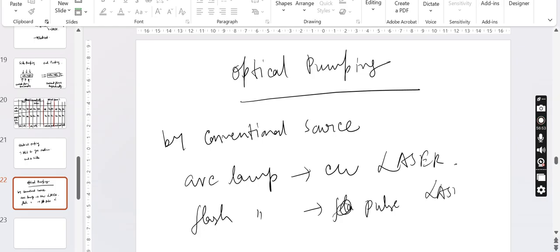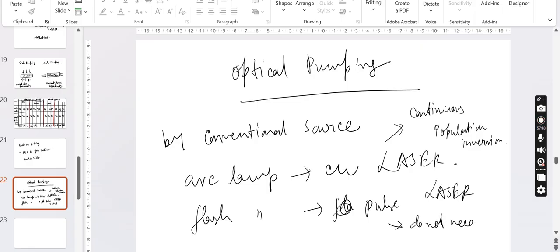So that is intuitive, because for CW laser we need continuous population inversion, while for flash lamp pulse laser, we don't need continuous population inversion.